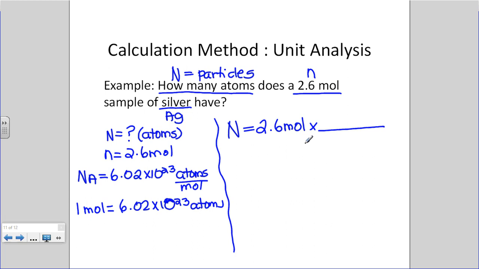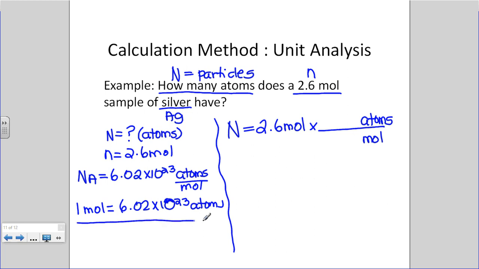So again, there's two ways of looking at it. If I have moles in my numerator, I want to make sure moles from my ratio go in the denominator. That way they'll cancel. Or, looking at my unknown, which is atoms, the units on the top of the fraction have to be what I'm solving for. So I want to end up with atoms. So now I go to my ratio.